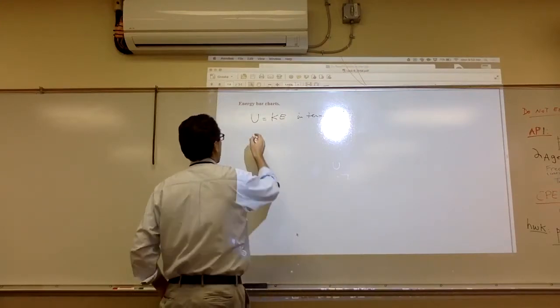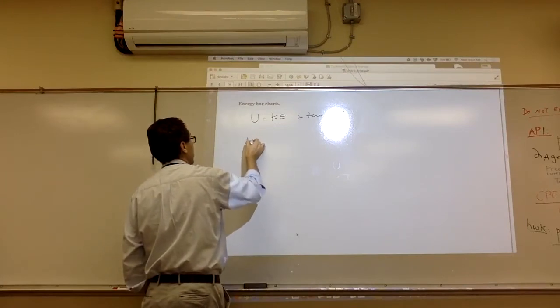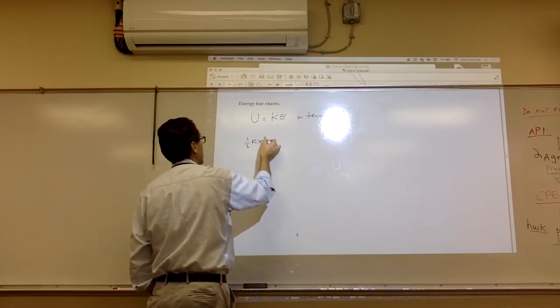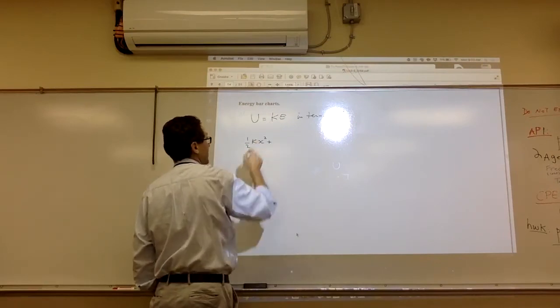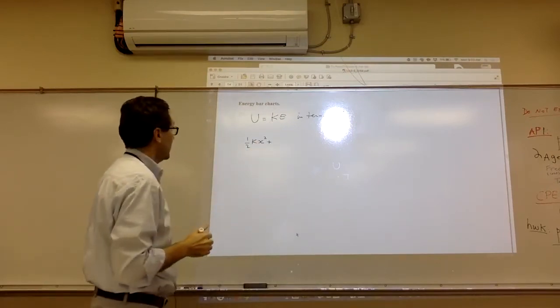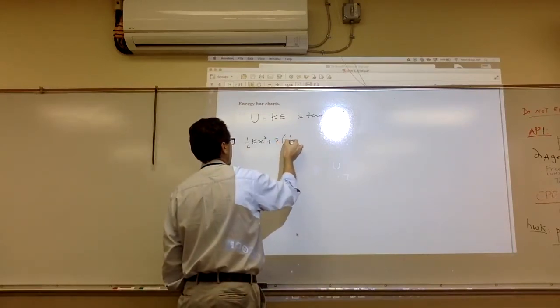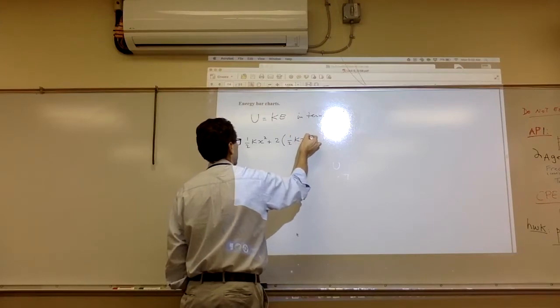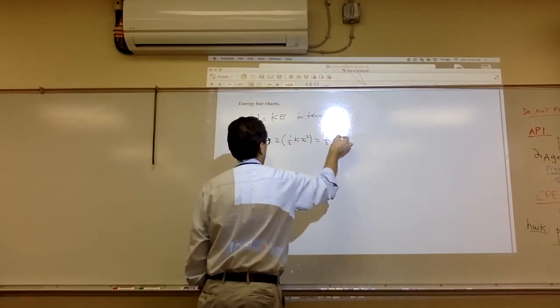We're going to do 1/2 k x squared, and you want this here to be half of the kinetic energy. So basically, you want your kinetic energy to be twice as much. So you want it to be twice that. Equals 1/2 k A squared. I hope that makes sense.